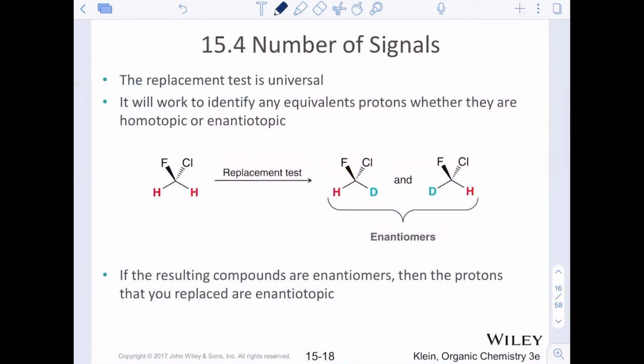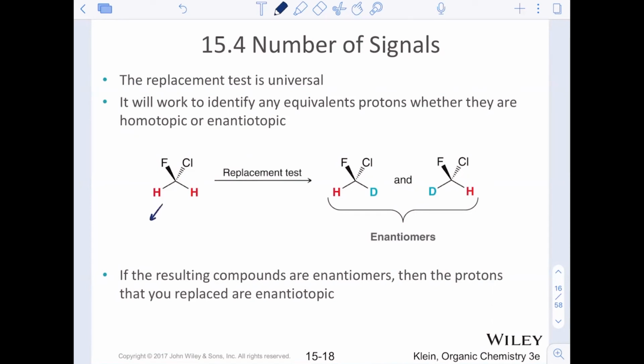If we do the replacement test and we find enantiomers, then the resulting hydrogens are enantiotopic, still identical, right? But not homotopic. And so the replacement test will be helpful to identify enantiotopic or homotopic equivalent hydrogens. Still, they would show up in the same location, right? But they are a different kind of relationship.